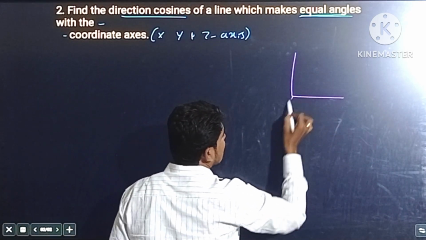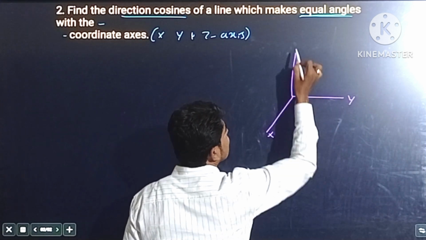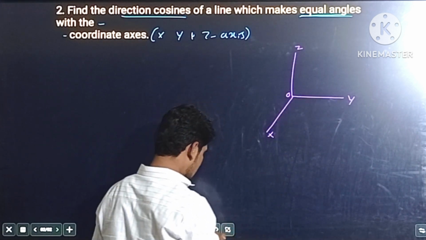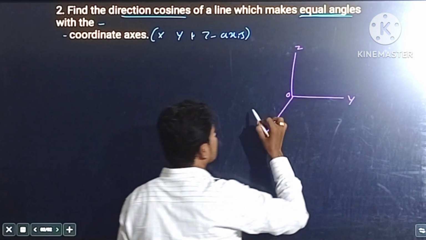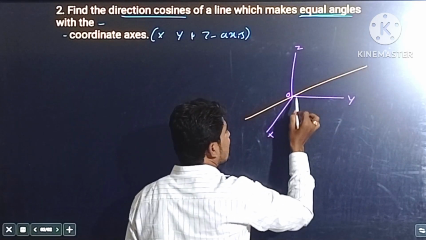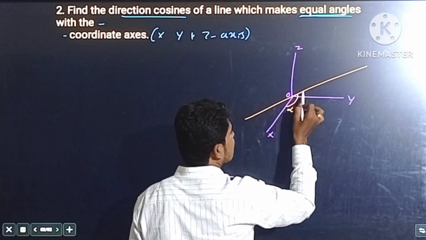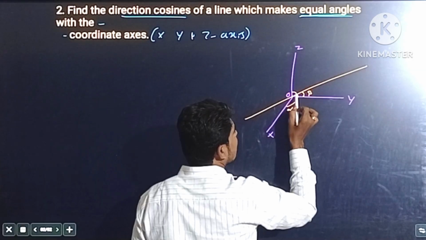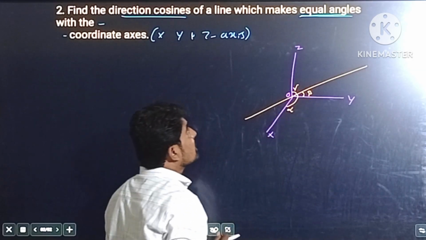Let's say this is the x axis, y axis, z axis and origin. Suppose the line L makes an angle alpha with the x axis, beta with the y axis and gamma with the z axis.